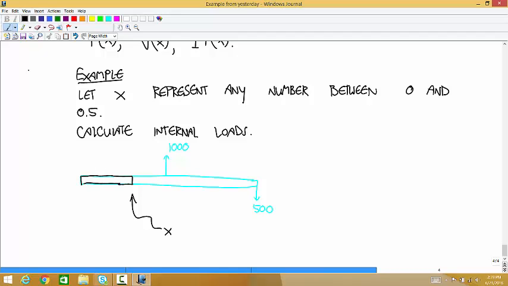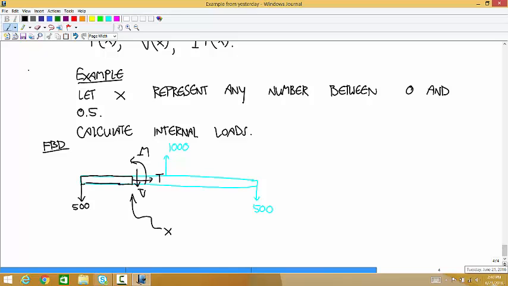But in any of those cases, since we're isolating a piece that goes all the way from the left, we're still going to have that 500 Newton force acting down. And we're still going to have the tension, shear force, and bending moment acting on the right side. Okay, so that's the free body diagram, no matter what that x value is.